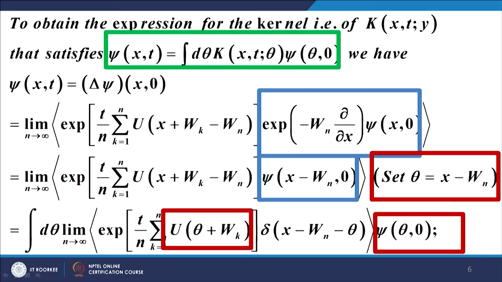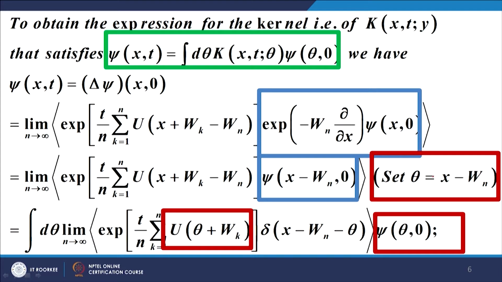To introduce this constraint into this expression, I use a Dirac delta function. I introduce this Dirac delta function within the integration, and I write the integration together with delta of x minus Wn minus theta. That is precisely representing this particular change in coordinates.